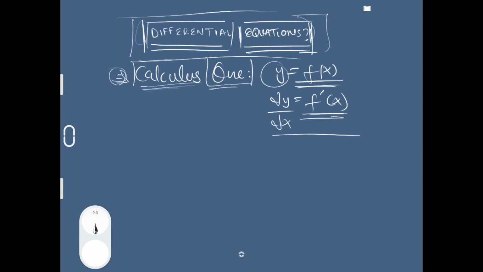Like, take for example, if you were given a function, say y equals e to the 2x squared, and you were asked, okay, find the derivative, or find y prime. Well, from what we learned in Calc 1, we know y prime is equal to 4x e to the 2x squared.